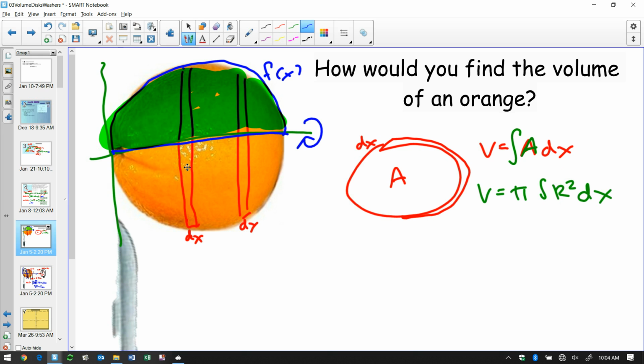The hard part, well, it's not really super hard, is identifying the radius. Do you see that the radius is always from the axis that you rotate through the region to the furthest point on the region? That's always the radius.